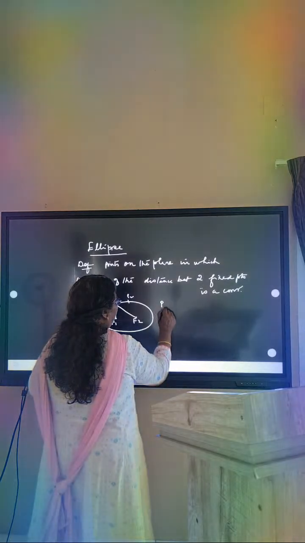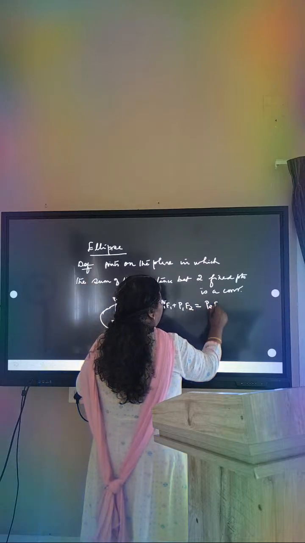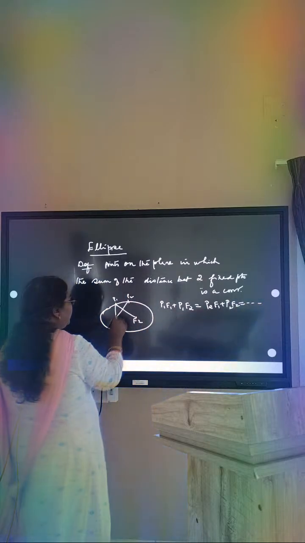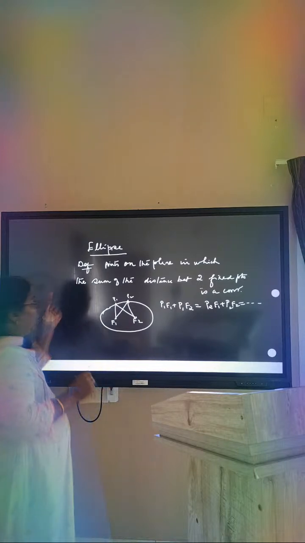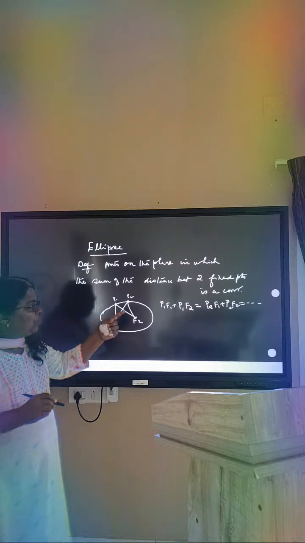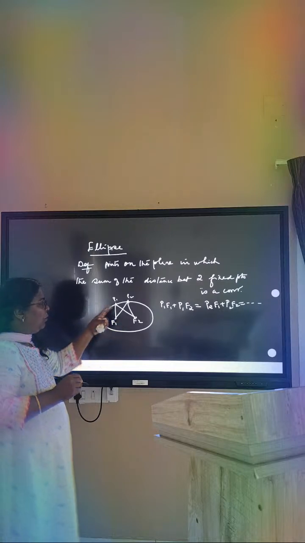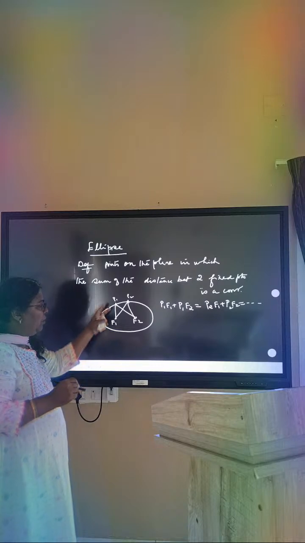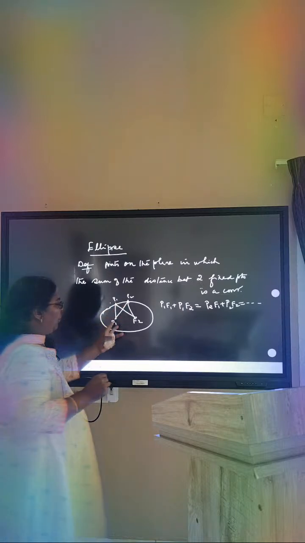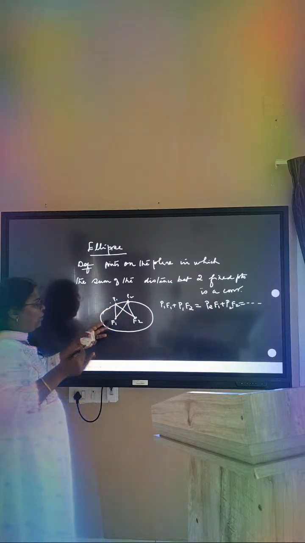So your P1 F1 plus P1 F2 will be equal to P2 F1 plus P2 F2, which will be the same as taking the next point P3, P3 F1 plus P3 F2, and so on.